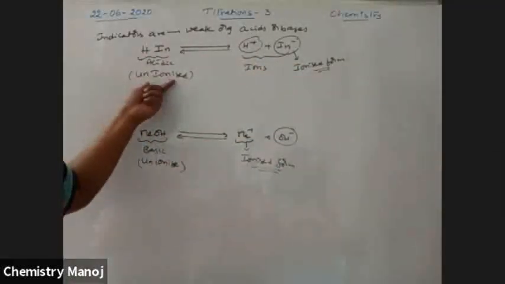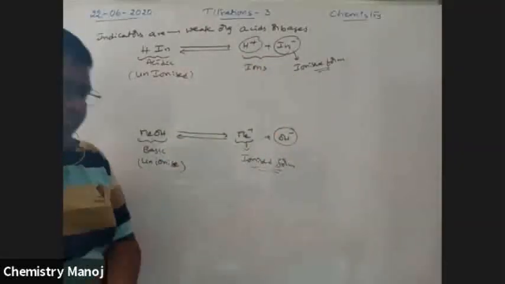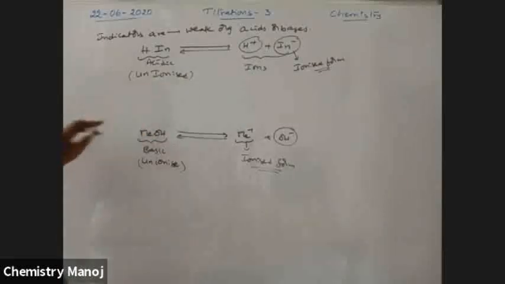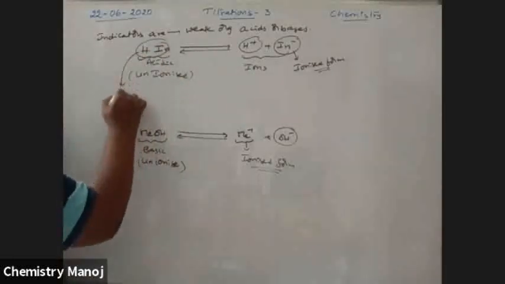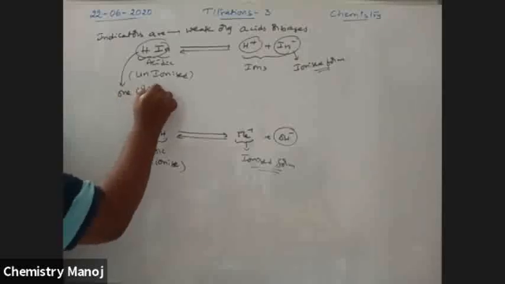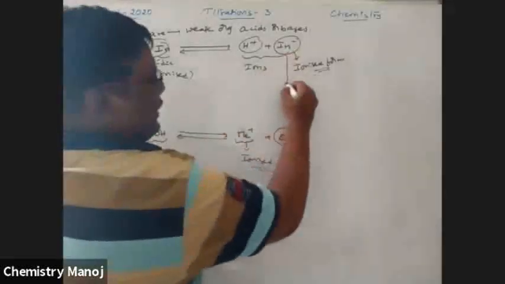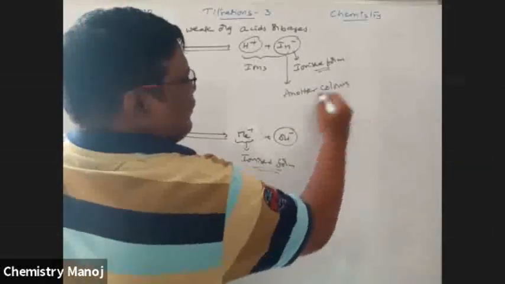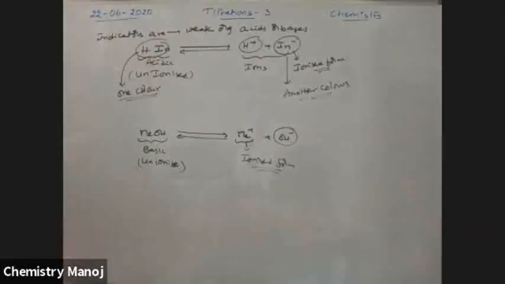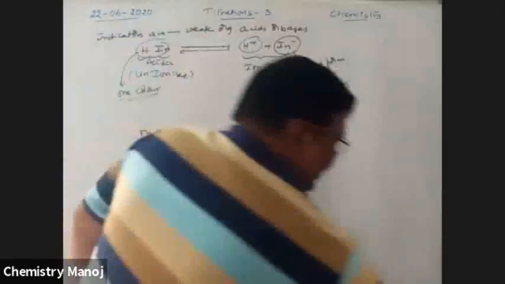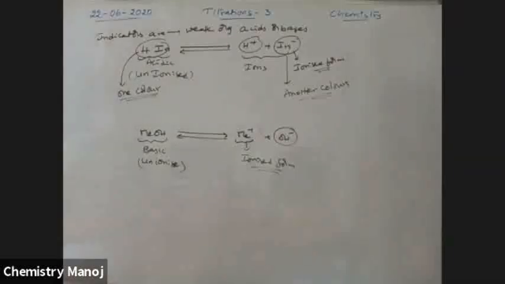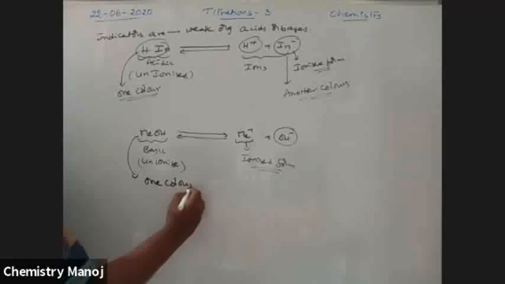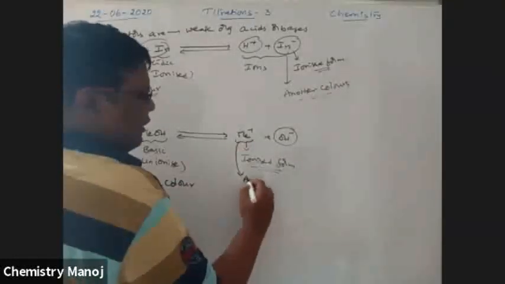The unionized form and ionized form have different colors. HIN has one color and the I minus ion has another color. Similarly, MeOH has one color and Me plus has another color.